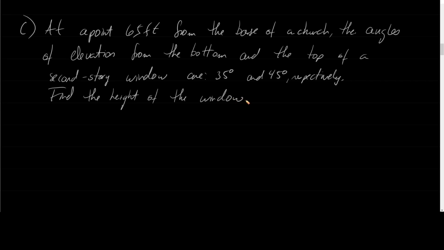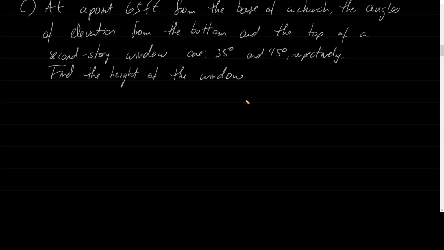All right, so again, let's start by drawing a visual. First, I'm going to reread what it says: at a point 65 feet from the base of a church, the angles of elevation from the bottom and top of a second story window are 35 degrees and 45 degrees respectively. Find the height of the window. All right, so we've got some church or some building of some sort here, and let's go ahead and draw that visual.